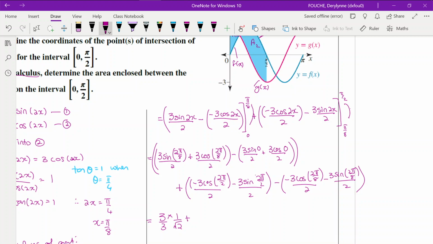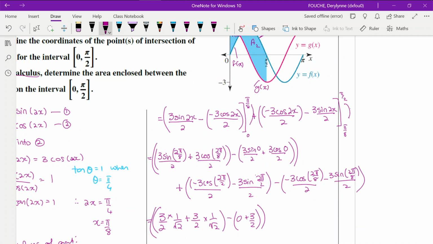Plus, now, cos of pi on 4 is also 1 on root 2. So I've got 3 on 2 times 1 over root 2. Minus. So sine of 0 is just 0, and cos of 0 is 1.